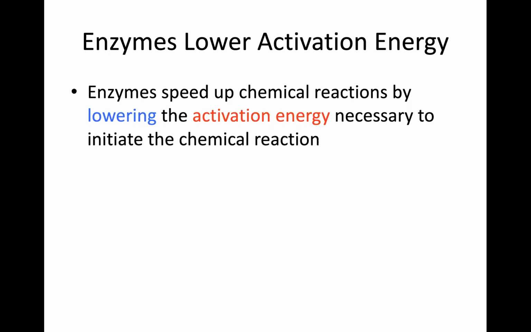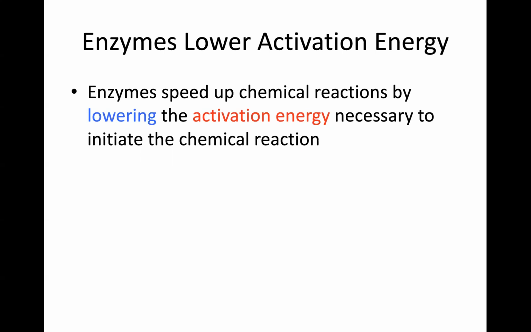So in your notes, what I want you to understand is that for a chemical reaction to take place, we're just talking about any type of chemical reaction that's taking place in the cell, in order for that chemical reaction to take place, it requires energy. It has a certain amount of energy that must be present. That is called activation energy.